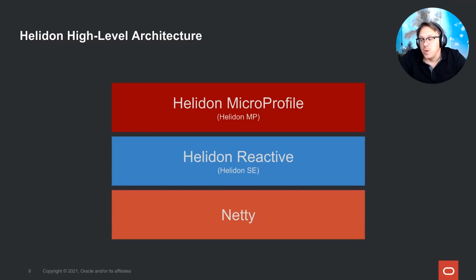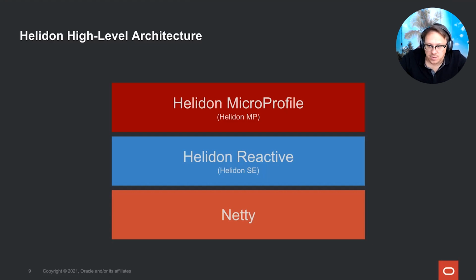High-level architecture. We have Netty underneath, which makes a great foundation for running our microservices. Then we have a layer on top of it, which is called Helidon Reactive, or we also call it Helidon SE, which provides a lot of services, especially cloud-native services, to run your microservices asynchronously.